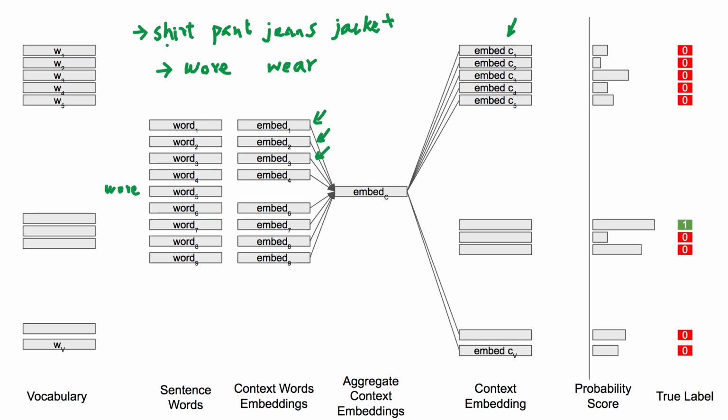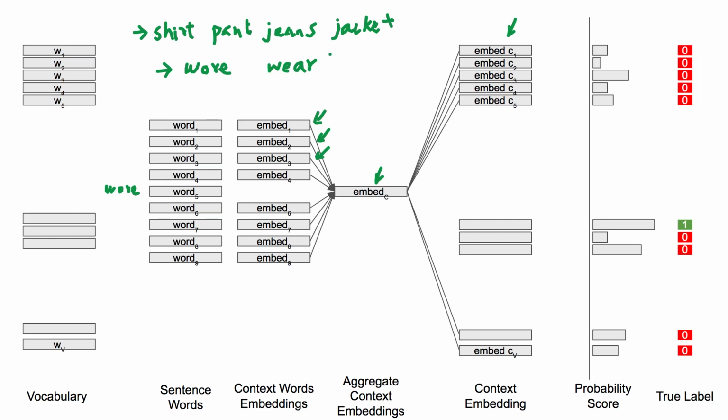So the training algorithm updates them in such a way that it helps generate the correct context representation for wear, and which helps in aligning with the context representation of the word wear in this matrix. Similarly, for any other word which typically would co-occur with apparels.